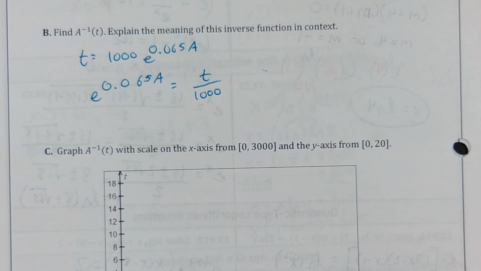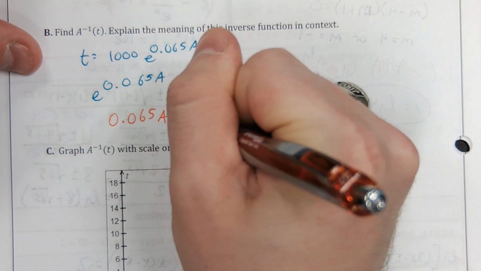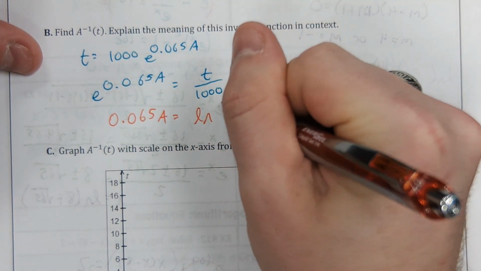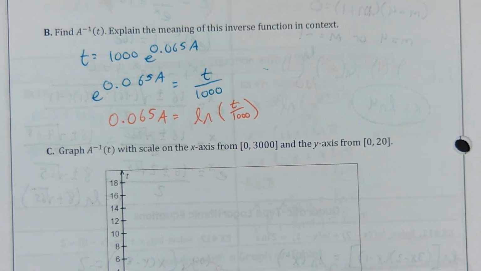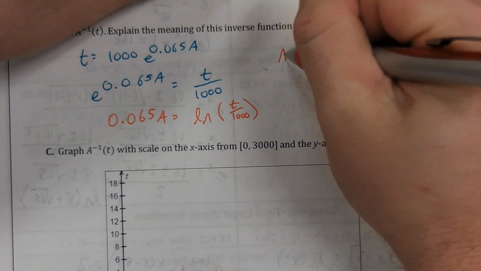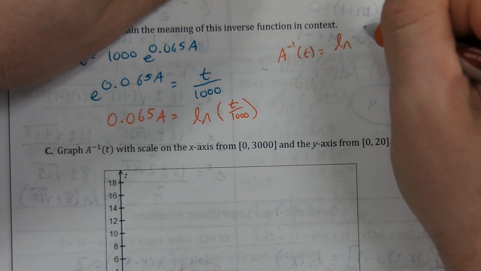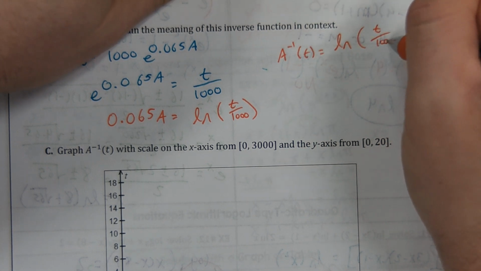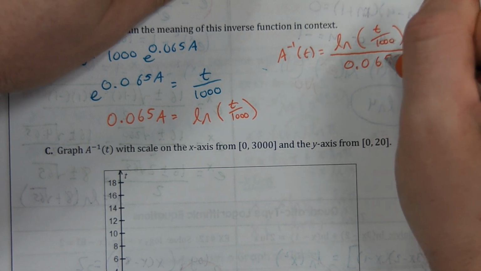Natural log, the ln of both sides. And to get a alone, divide by 0.065. So A inverse of t is the natural log of t over 1000, all divided by 0.065.